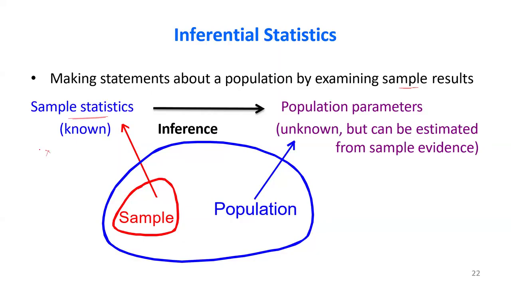As I mentioned, these are X bar, variance, standard deviation, and the proportion. Once you calculate the sample statistics on the sample, you will infer something about the population parameter, which is unknown.